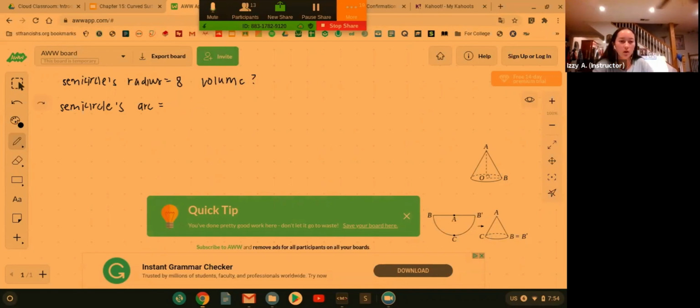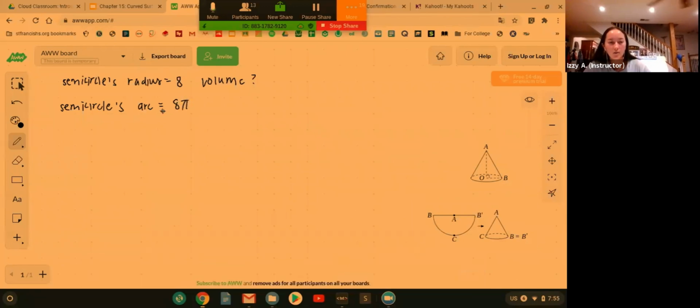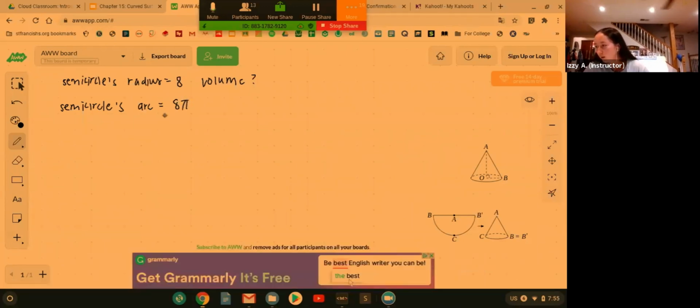I'm just going to record the length of it. Because it's 1/2 the circumference of the circle that has a radius 8, the length of it is going to be 8 pi. Because it's 2 pi r, that would be circumference, but we're dividing it by 2, so then you would get 8 pi.